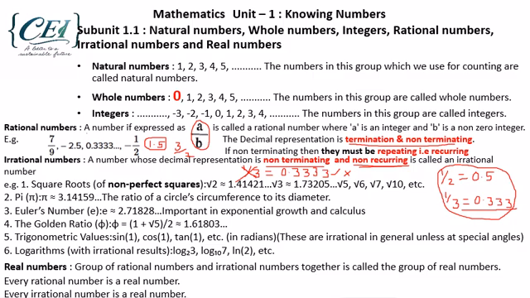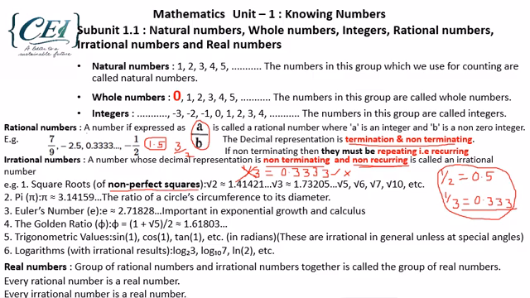Okay, then there are limited examples of irrational numbers. Which are those? The square root of non-perfect squares.